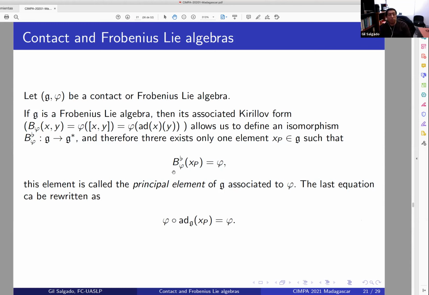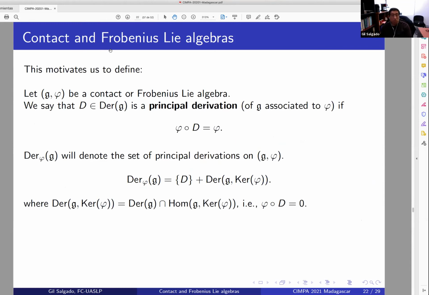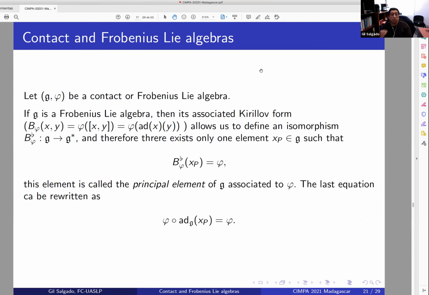Okay, another relationship between contact and Frobenius Lie algebras. In the work of Professor Ohms, they note that as the Kirillov form of a Frobenius Lie algebra is a non-degenerate bilinear form, this allows us to define an isomorphism between the Lie algebra G and its dual.